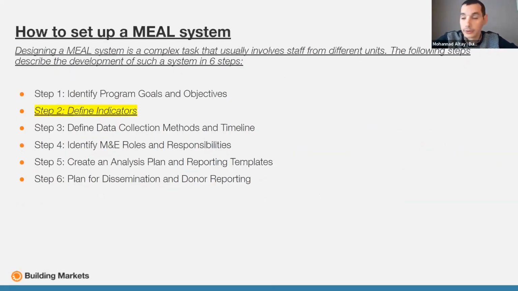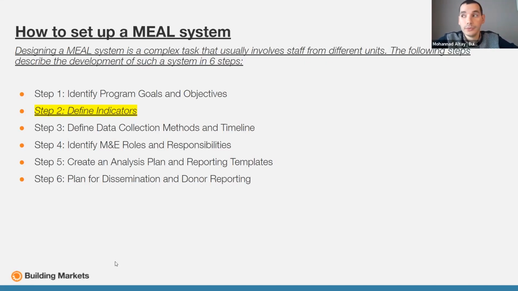After this, we will see quickly what it takes to develop a well-functioning MEAL system: what we need, and the standardized steps that we need to follow in order to make sure that we are building a healthy and well-functioning MEAL system.